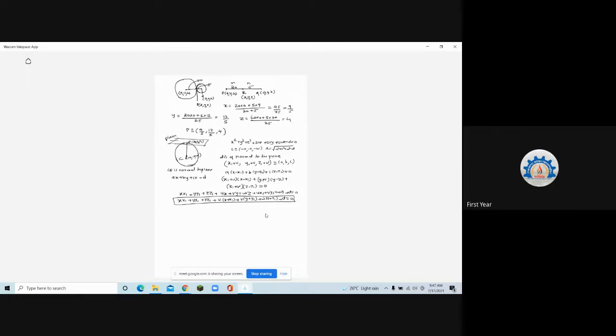Okay, so if this is clear to you, will you be able to find the equation of a tangent plane now if I give you the question? So take down the question.